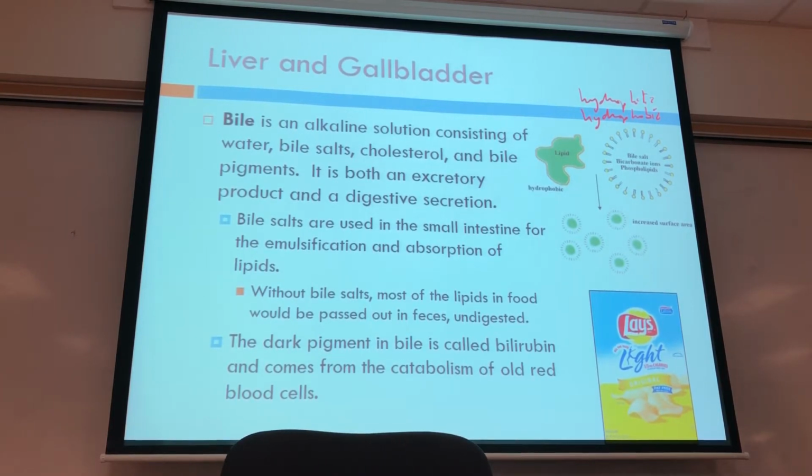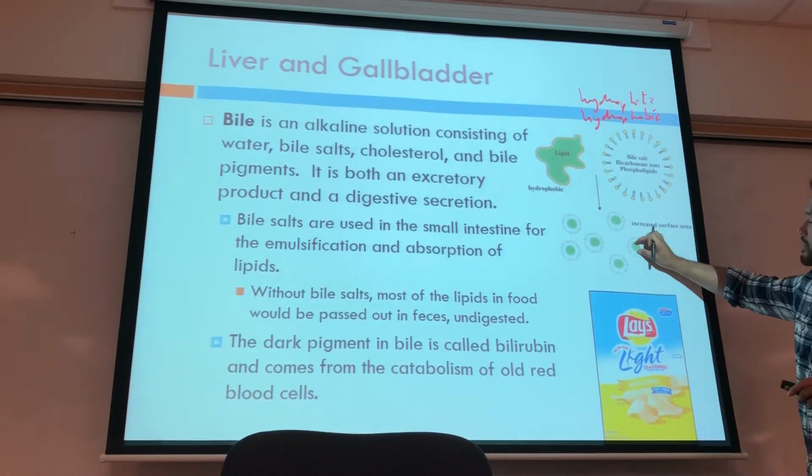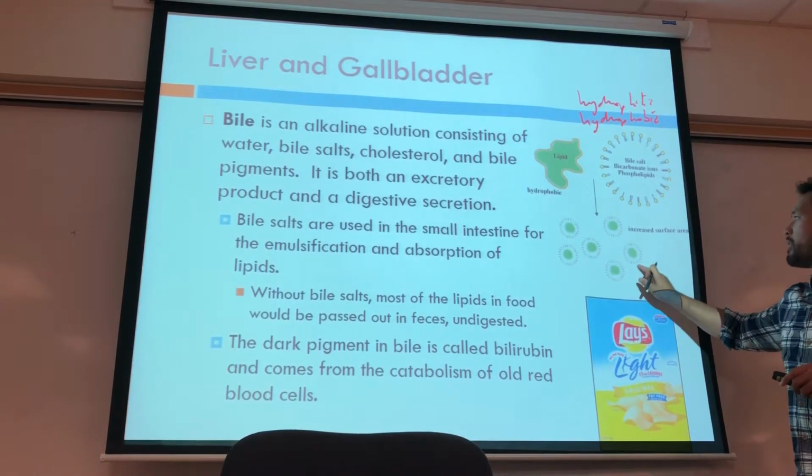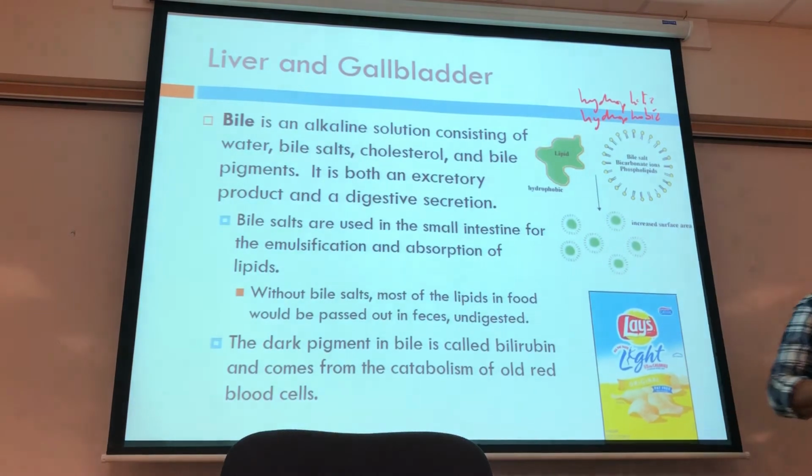Bile salts are called bile salts because they're similar to phospholipids. They come in and take that lipid and break it apart, and that breaking apart takes these little lipid droplets and encapsulates them in bile.